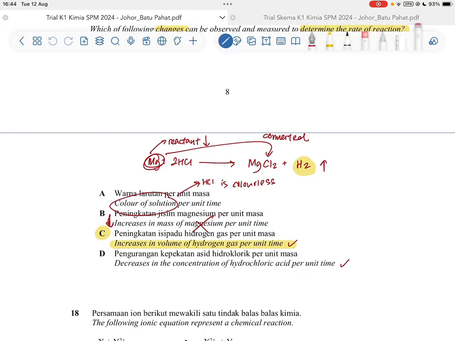Based on this equation, magnesium is a reactant. When the reaction proceeds, the reactant will slowly decrease because most of the magnesium has been converted into magnesium chloride. To correct this statement, we need to say that the mass of magnesium would decrease per unit time.